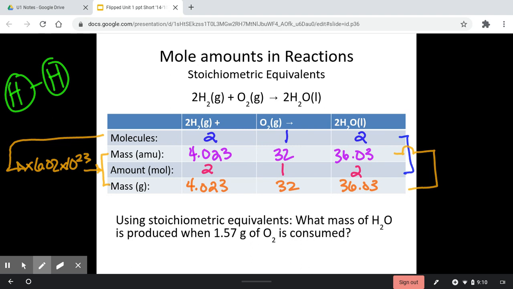If you take mass and you scale it up according to the conversion factor that I showed you earlier, you're going to see that mass in grams and mass in AMUs, they're just scaled up versions of each other. So you can read this equation however you want to read it, whether it's on an individual level, or on a bulk level.